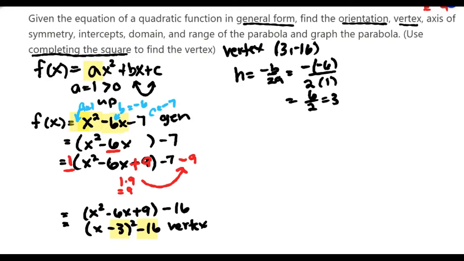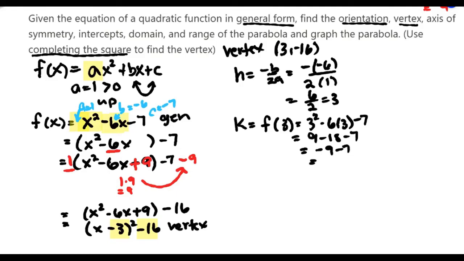So the x-coordinate of our vertex is 3. We can find the y-coordinate, k, by substituting that value of h into our function. This would give 3 squared minus 6 times 3 minus 7, 9 minus 18 minus 7, that's negative 9 minus 7, which is negative 16. So you can see that we got the same vertex that we got using completing the square.